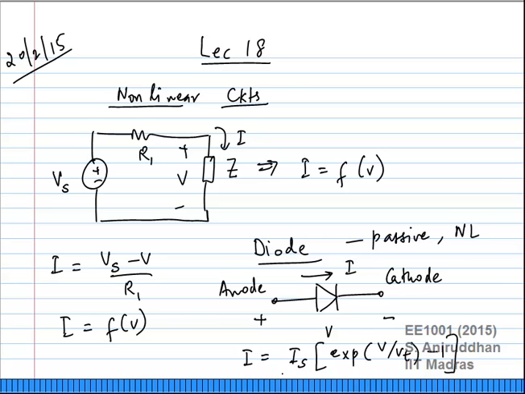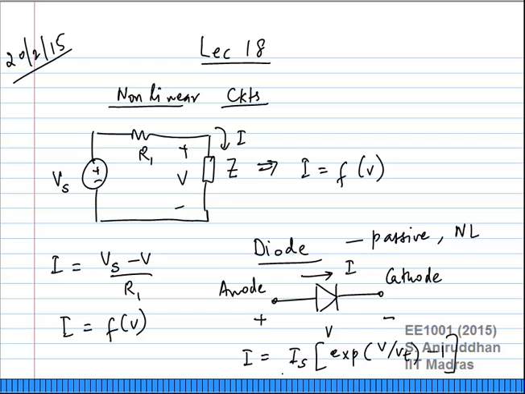Suppose I want to understand what would happen if I put the diode in a circuit. One of the easiest ways to understand this is to first plot out what these characteristics look like. For any element it always helps to plot out the characteristics.